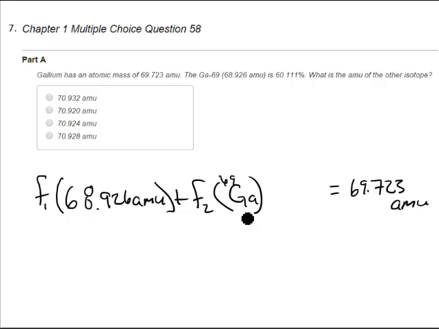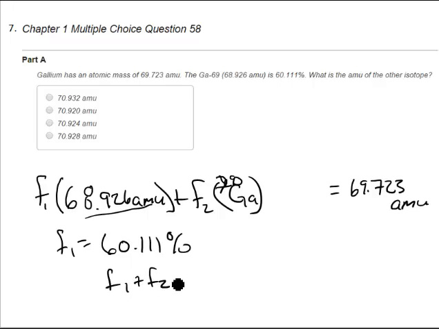And the question is, what is the AMU of this? Well, what do we know? We know that F1 of the gallium-69, I'm sorry, I called that 69, but it's got to be 70. This is 60.111%. And F1 plus F2 must equal 1.